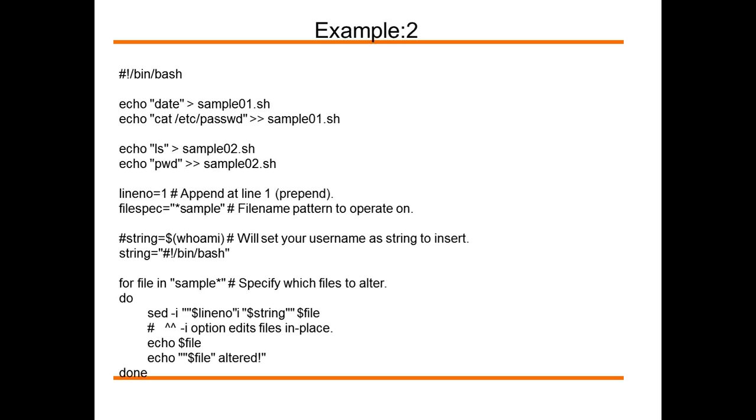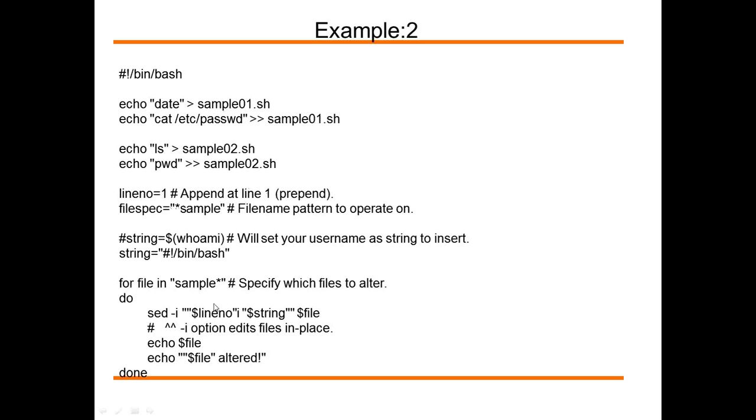You have n number of files, and if you want to add something at the top of every file, sed -i inline inserts. What I want you to do is just practice this at home. So you have two files, sample01, sample02, and it appends at line number 1.